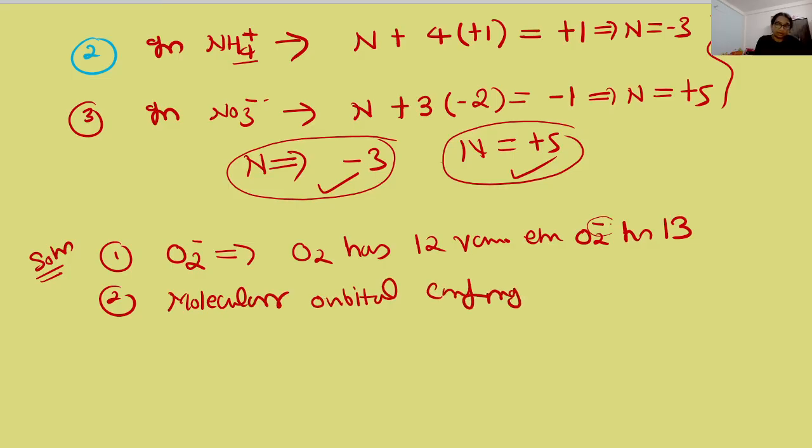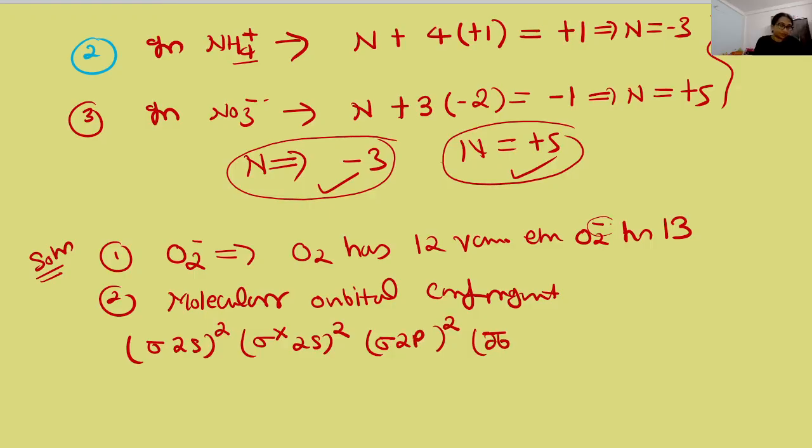So how to write the molecular orbital configuration for the sigma and pi bonds? Sigma 2s has 2, sigma antibonding 2s again has 2, then sigma 2p has 2, pi 2p has 4, and pi star 2p has 3.